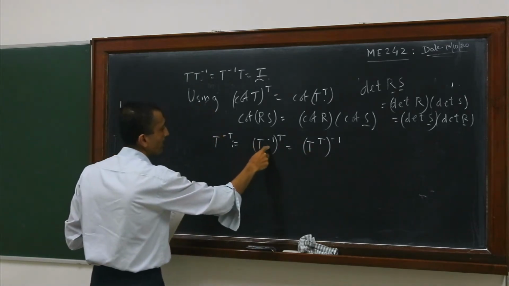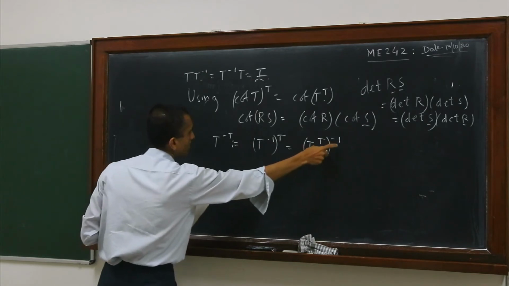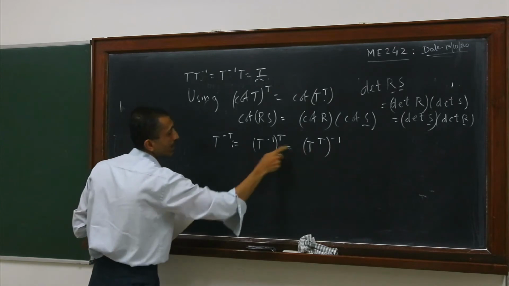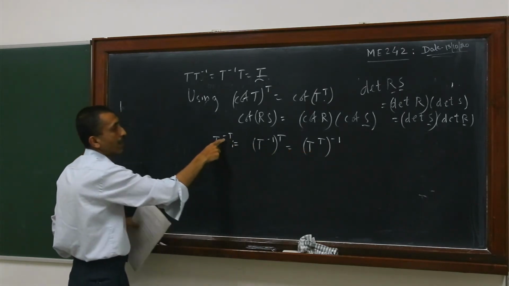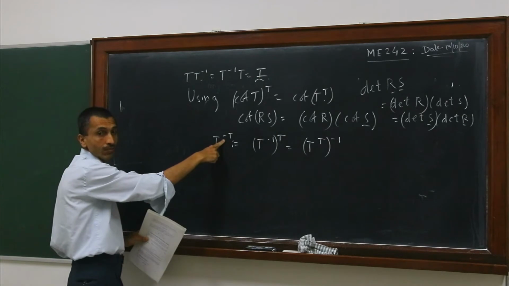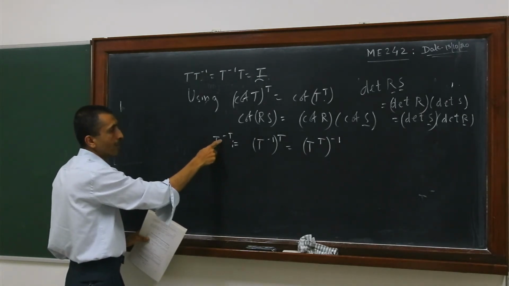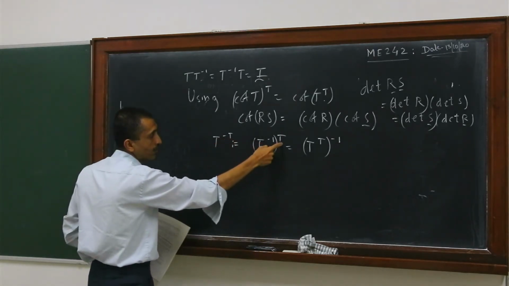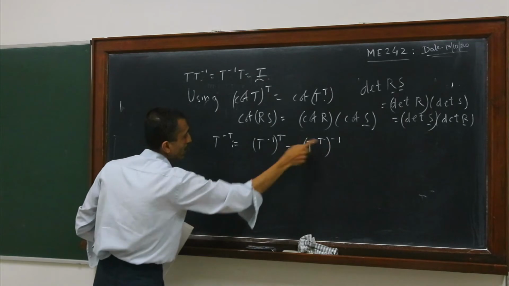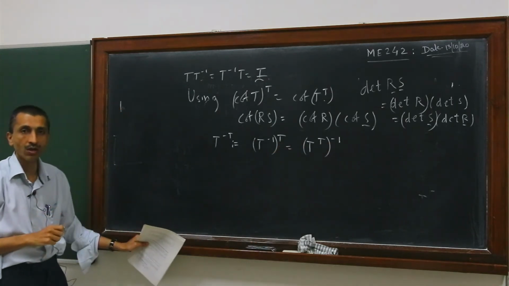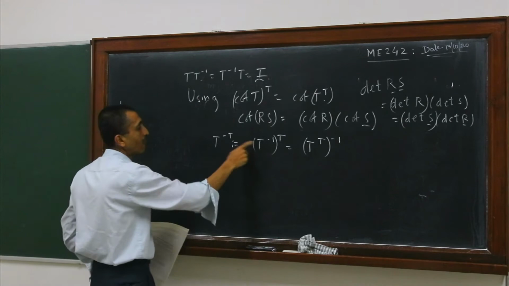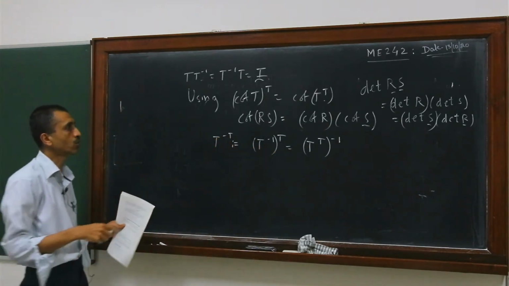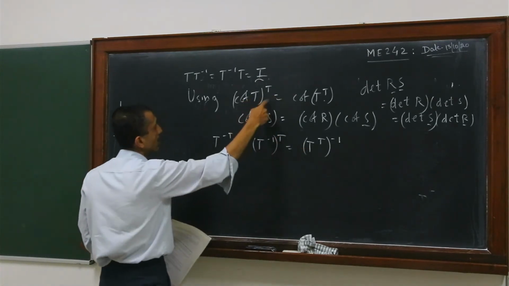So because T inverse transpose turns out to be T transpose inverse, I can also write it as T to the power minus T. See, suppose if these two objects had been different, then such a symbol would have been ambiguous because then I do not know whether this T minus T that I am writing refers to T inverse transpose or whether it is referring to T transpose inverse. But fortunately, both these objects turn out to be the same, and hence you can define this T minus T as either of them because they turn out to be the same. Okay, so try to show this particular relation using this relation here.